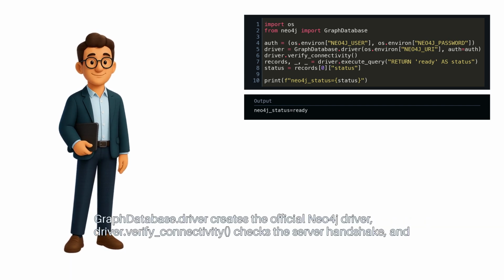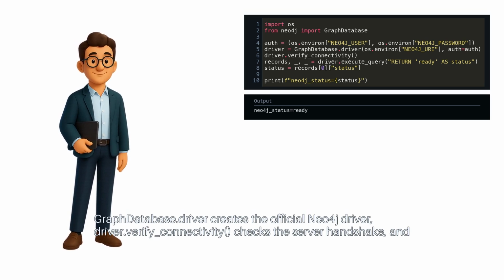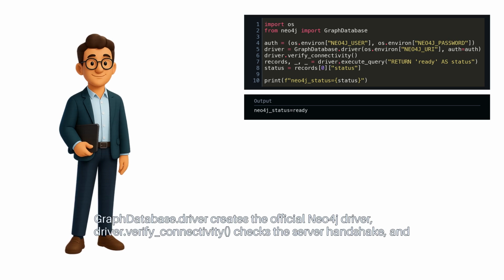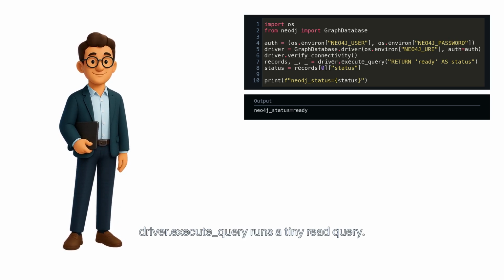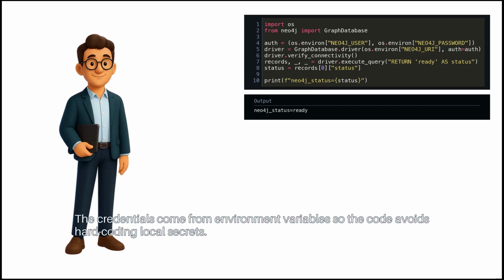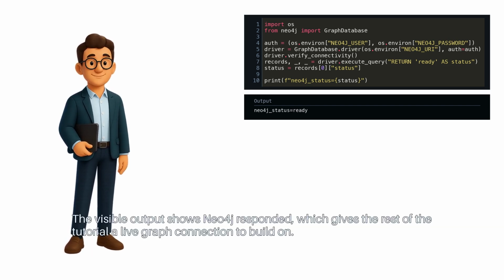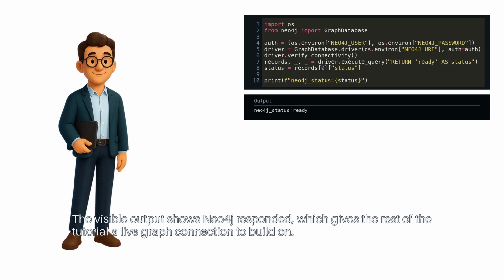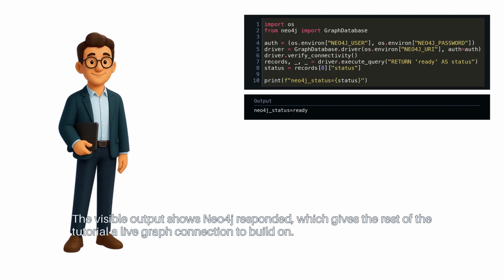GraphDatabase.driver creates the official Neo4j driver. driver.verify_connectivity checks the server handshake, and driver.execute_query runs a tiny read query. The credentials come from environment variables, so the code avoids hard-coding local secrets. The visible output shows Neo4j responded, which gives the rest of the tutorial a live graph connection to build on.